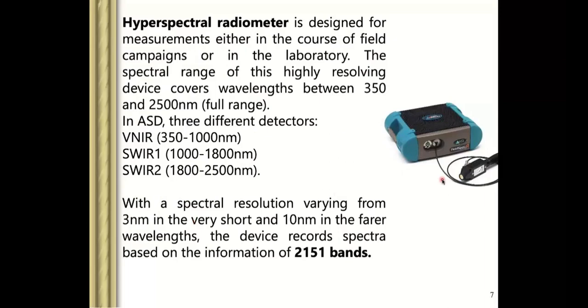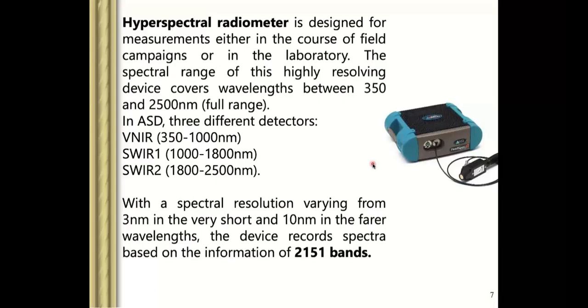If you want to go for species discrimination or mineral mapping or water quality, first you have to have the signature of the particular thing in our laboratory. For example, if you want to map total suspended solids in water, first you have to have water samples in your laboratory with different levels of suspended solids.